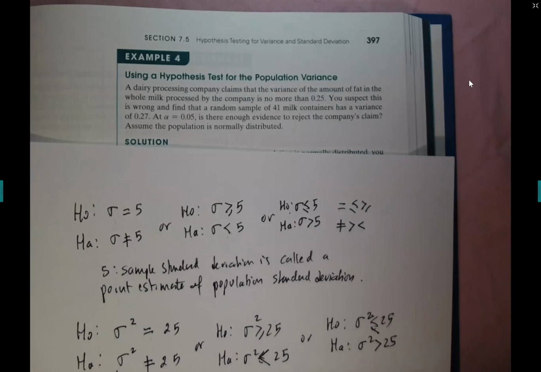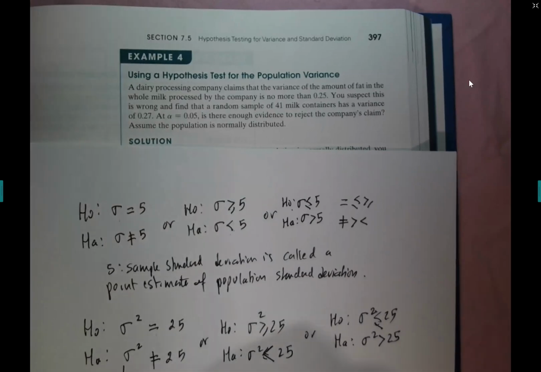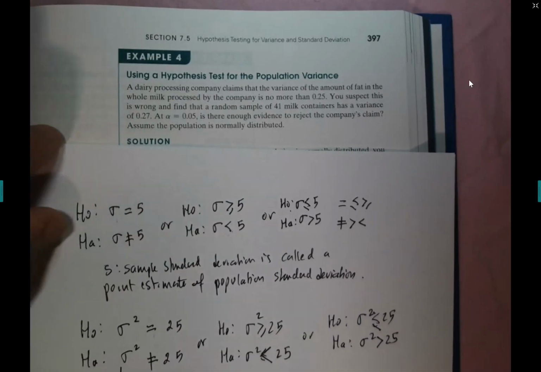A dairy processing company claims that the variance of the amount of fat in the whole milk processed by the company is no more than 0.25. Can a student tell me what the sign no more, how would you express this sign? Is it equal to or less than? Exactly. You need to know that, guys. So no more than.